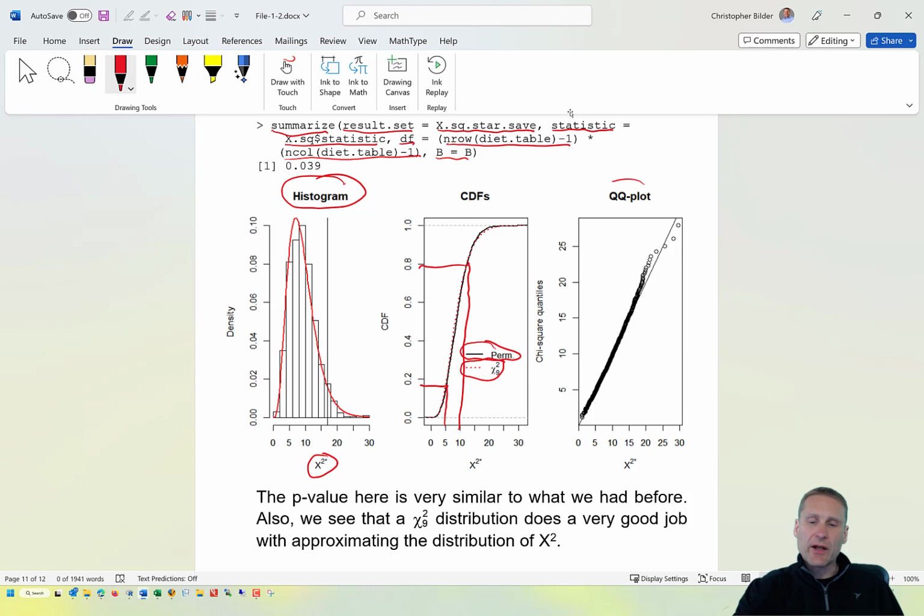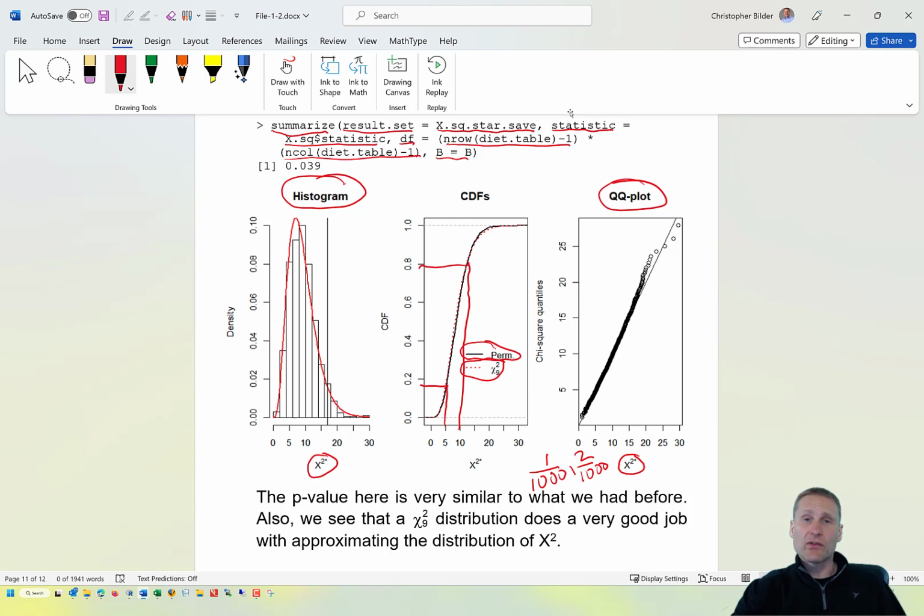Lastly, here's a QQ plot. If you haven't seen a QQ plot before, let me briefly explain it. Q stands for quantile, so it's a quantile plot. Suppose you order all your X squared stars. Now, the smallest of those X squared stars is the 1 over 1,000 quantile from your X squared star distribution. The second smallest is the 2 over 1,000 quantile.